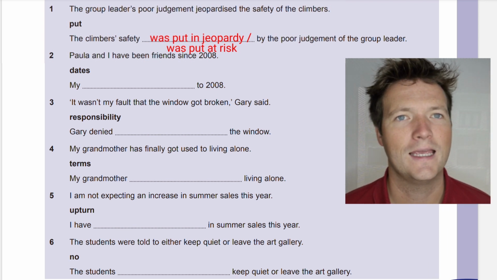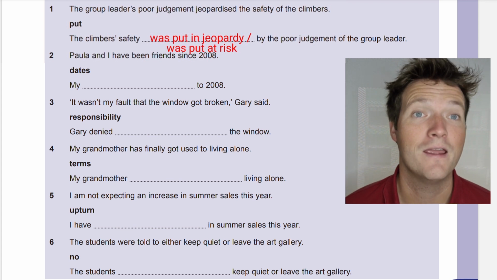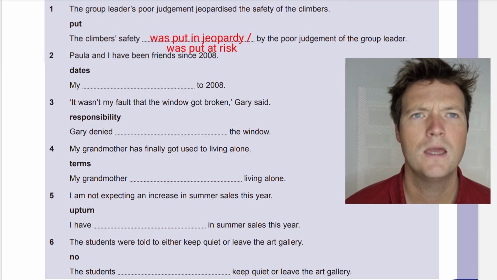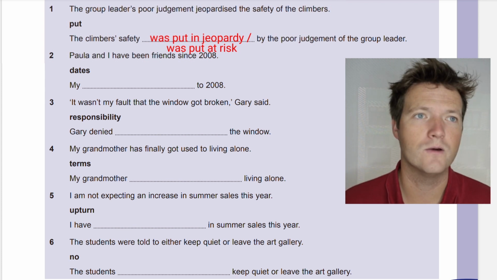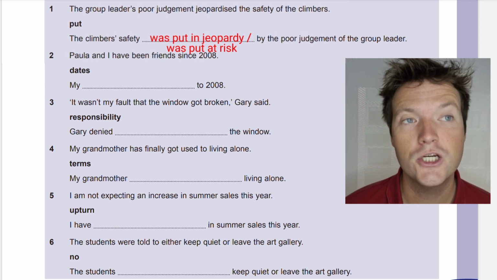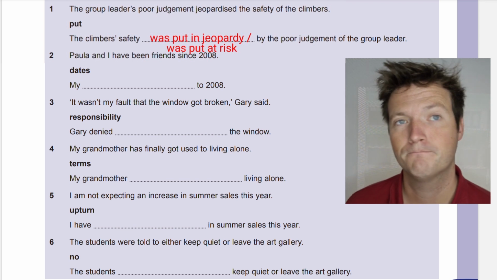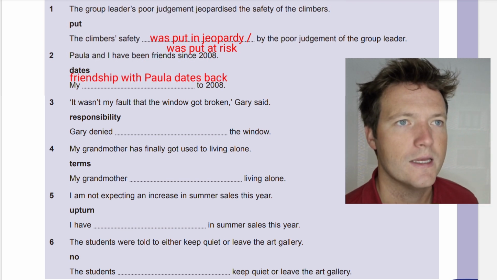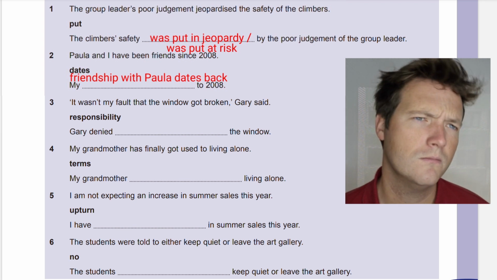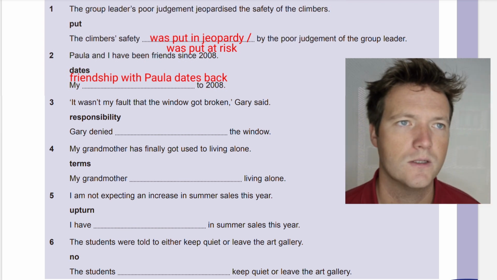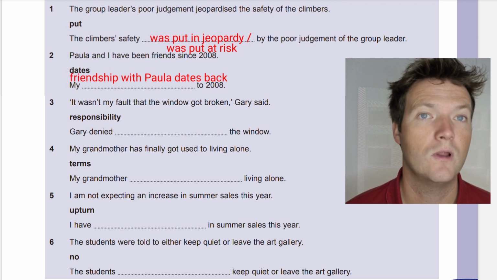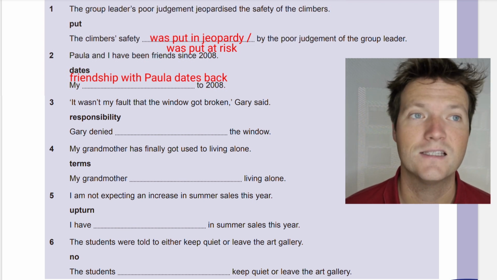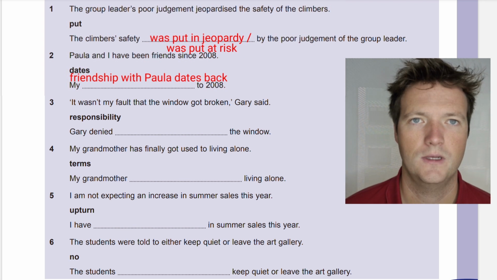So I think I would say my friendship with Paula, because it's something that I own, so it's got to be a noun. My friendship with Paula dates back to 2008. Yes, that's a relatively complicated one there. Yeah, that's how long my friendship with Paula has existed. It dates back to 2008.